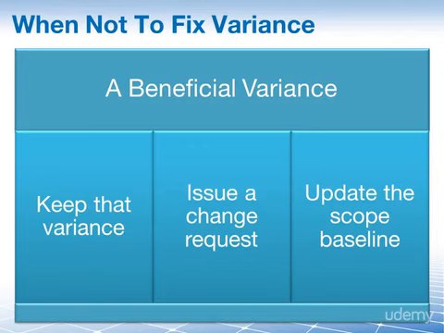Although most variances will lead to corrective or preventive action and impact scope occasionally, the variance is beneficial here, and all that is needed is an update to the scope baseline. This is maybe an unusual example, but if you have a variance that you like, why not keep it?